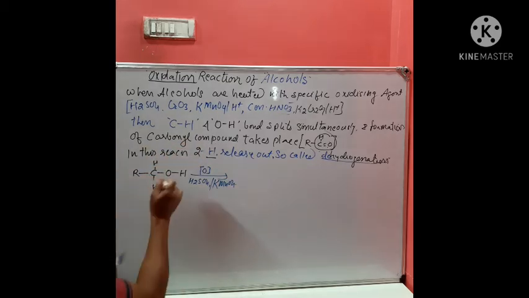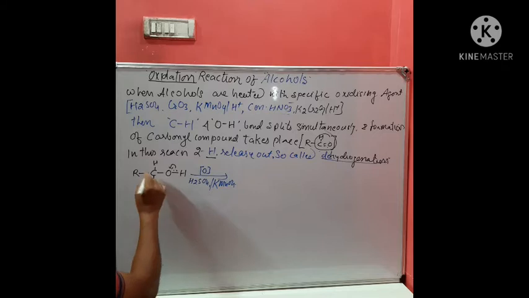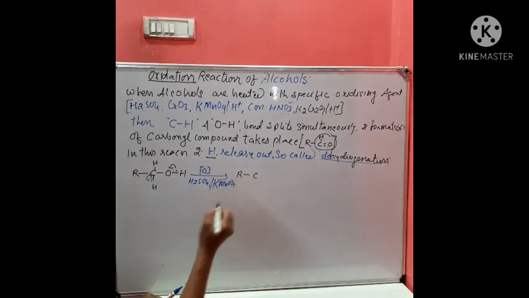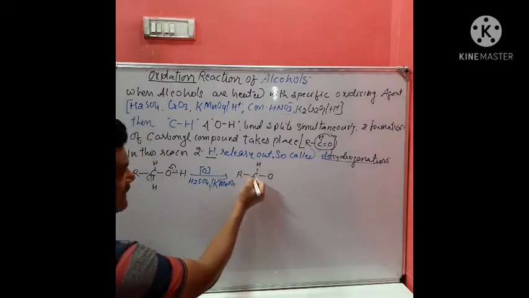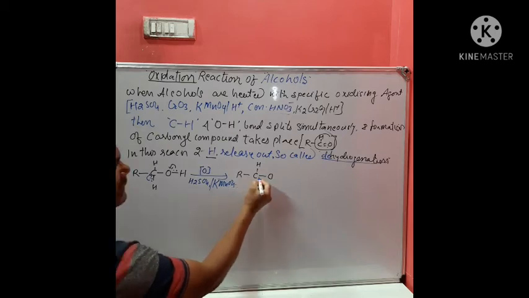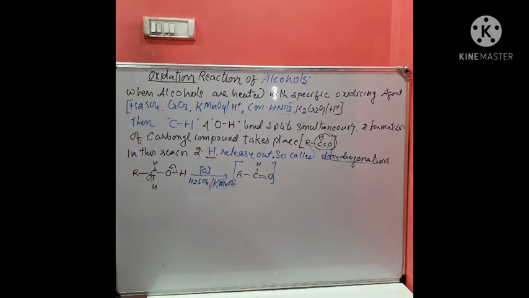Then one of the hydrogens is released from the OH bond and one of the hydrogens from the same carbon, that is the alpha carbon, means this bond pair is taken by carbon. Thus, R, here will be C, and this is H, and this is O only. So now there are only 3 bonds present with the carbon, therefore there will be one double bond.